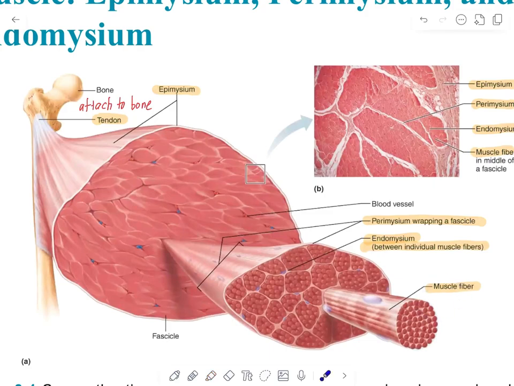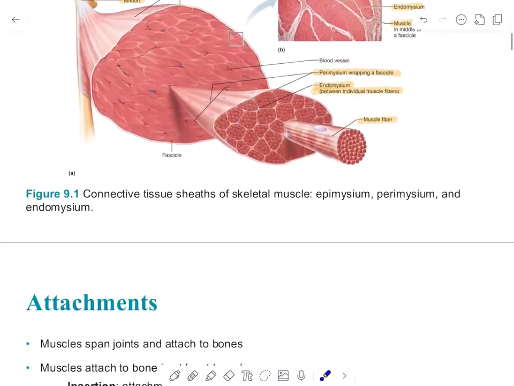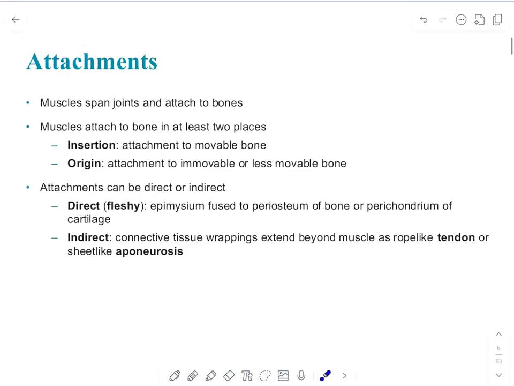So this is one individual muscle fiber shown here at the bottom. The attachment sites for skeletal muscles, like the tendon, those attachment sites are going to span joints and also attach to bones. We have two different types of attachments. We have one that's called an insertion, and that's the attachment to the movable bone, and it's usually oftentimes more distal when we refer to the limbs.